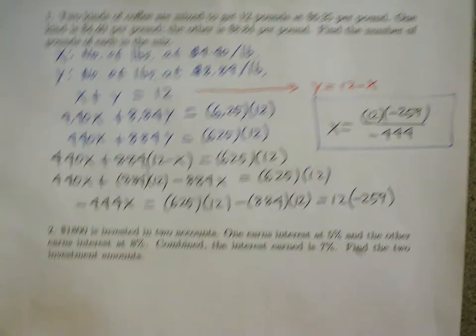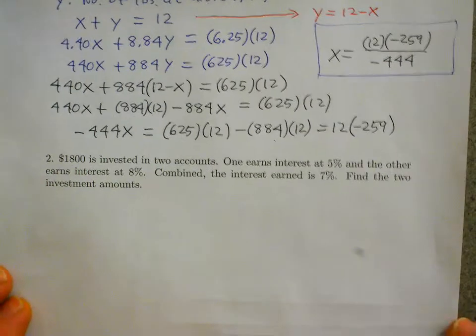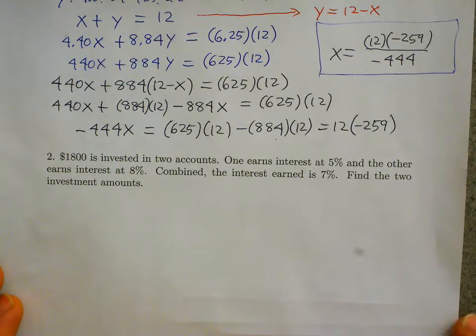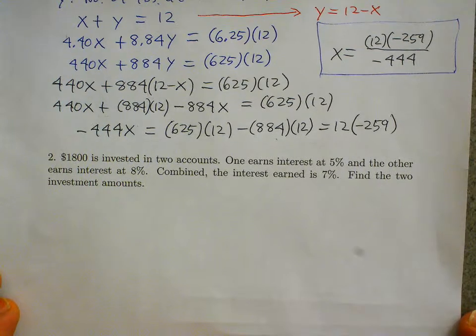Number 2. $1,800 is invested in two accounts. One earns interest at 5%, and the other earns interest at 8%. Combined, the interest earned is 7%. So find the two investment amounts.